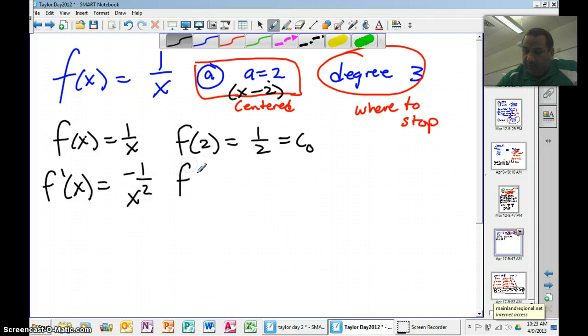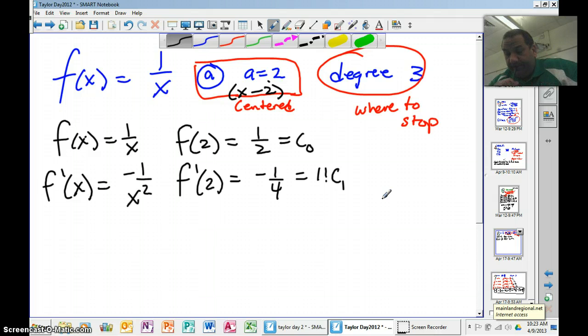And that derivative at 2 is going to be negative 1/4. And that's equal to 1 factorial C1. So C1 actually equals negative 1/4.